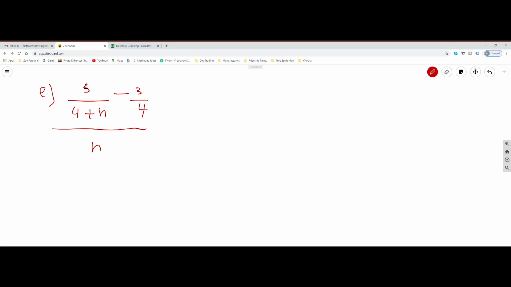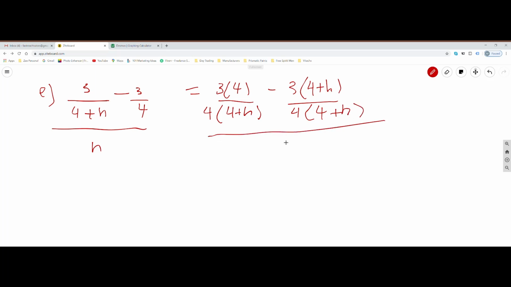So we want to multiply this one by 4, and we want to multiply this fraction by 4 plus h. So we have 3 times 4 and 4 times 4 plus h, and minus 3 bracket 4 plus h over 4 plus h all over h.